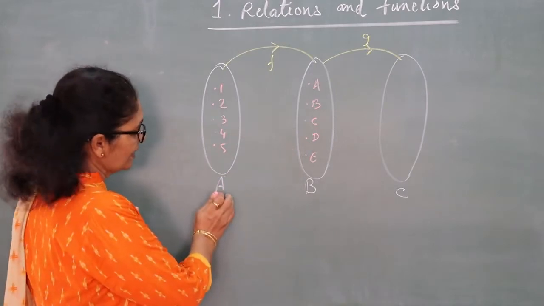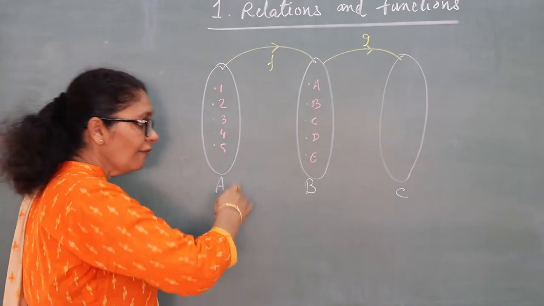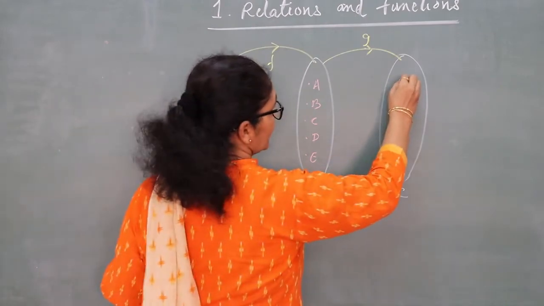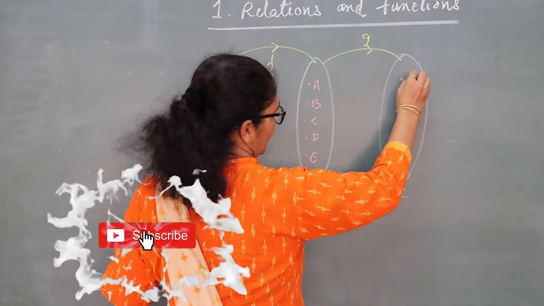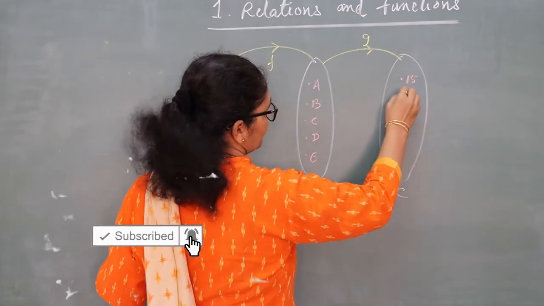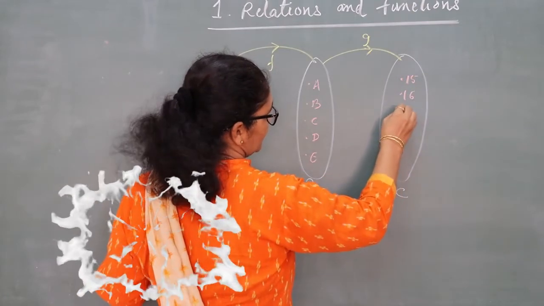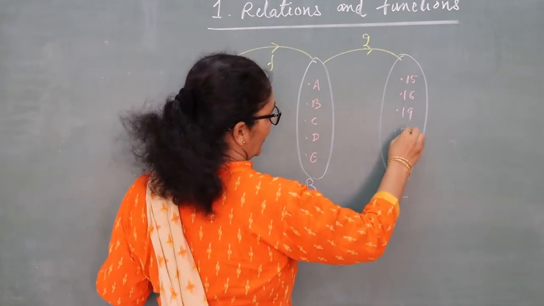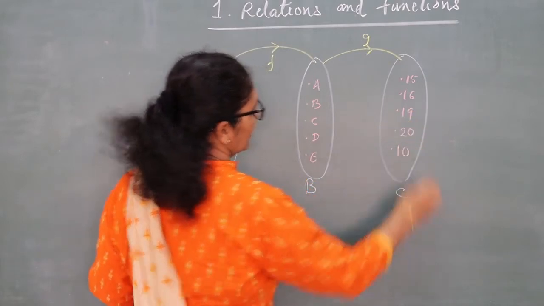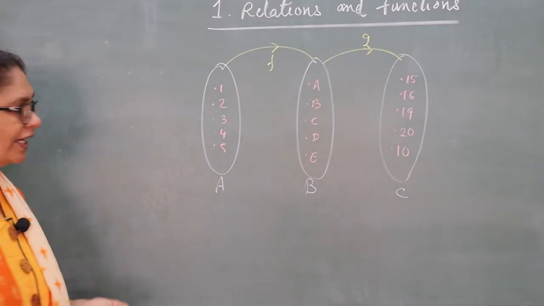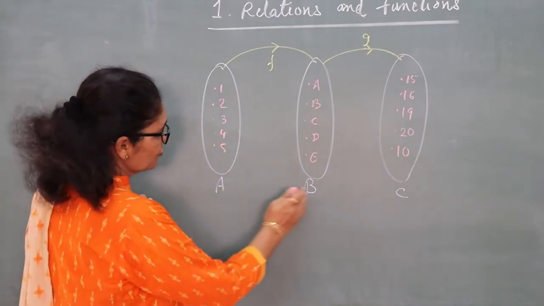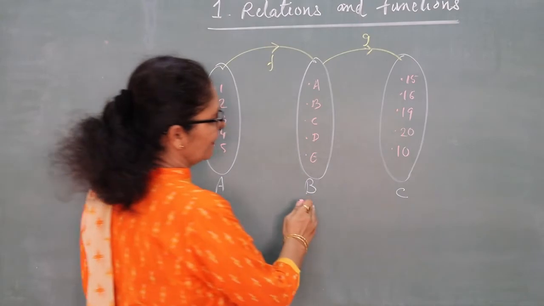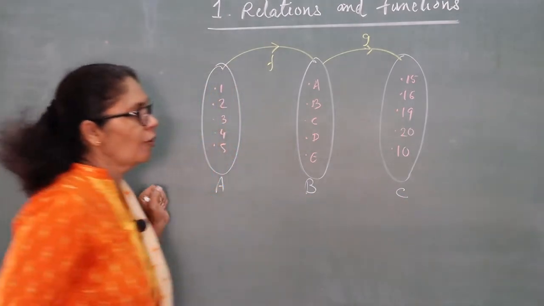This is our first function f. Now in an exam out of 20, A gets 15 marks, B gets 16, C gets 19, D gets 20 and E gets 10 marks. So first I assign roll number to student, and then marks to the student.